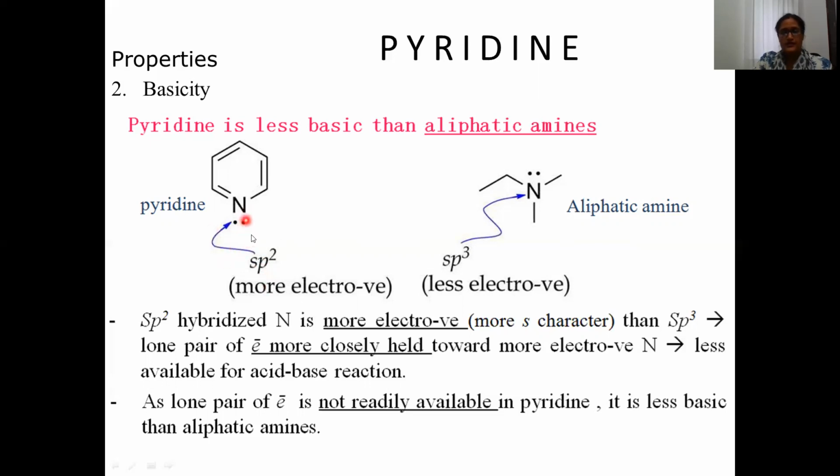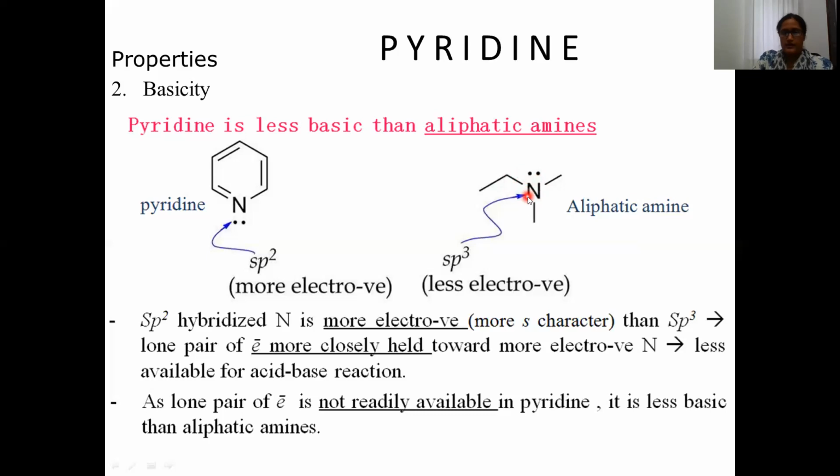That's why it is more electronegative in nature. And here in aliphatic amines, see the lone pair of electrons, and this nitrogen is sp3 hybridized. Due to the sp3 hybridization of this nitrogen, it is less electronegative.